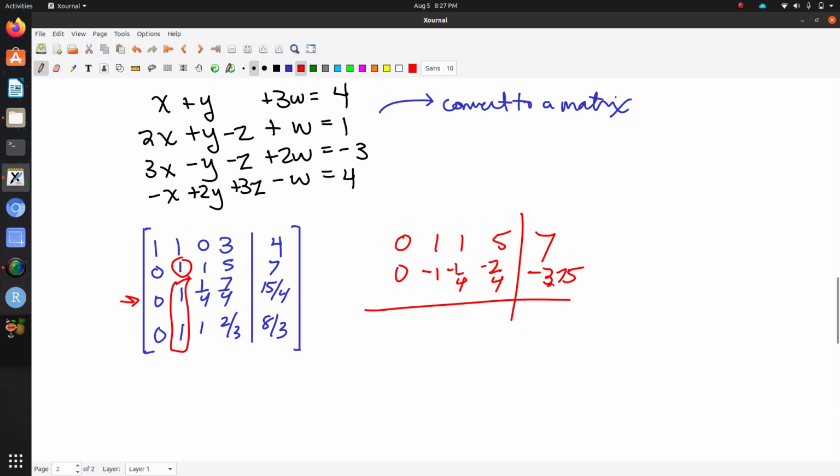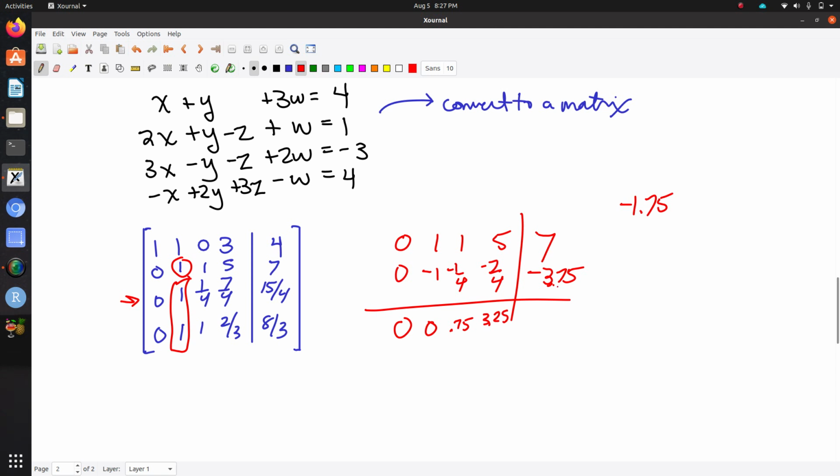Let's see how this works. 0, 0, 1 minus 1/4 is 3/4 or 0.75. 5 minus 7/4, gosh, 7/4 is almost 8. -1.75, so it's going to be like 5 minus 2, which is 3 plus 1/4, so I think 3.25 looks right.